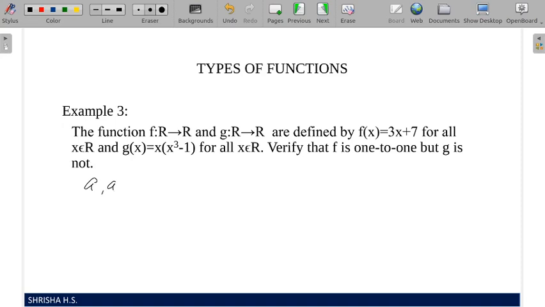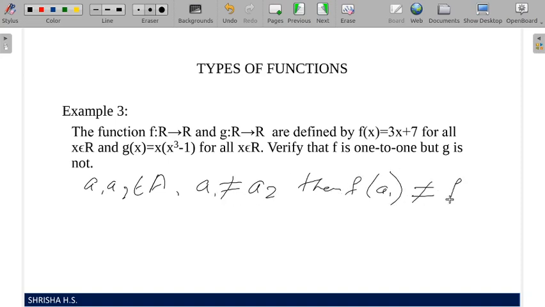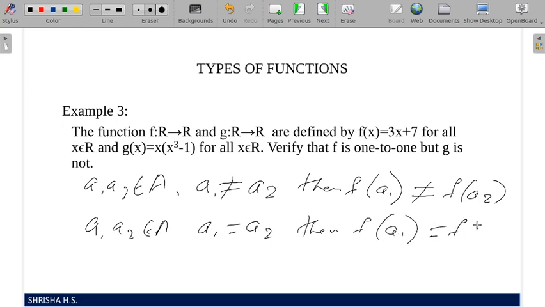If a1, a2 belong to some set A and a1 is not equal to a2, then if they are different elements, the images will also be different. If you take the contrapositive, if both are the same elements, then their images will also be the same. So remember this idea.